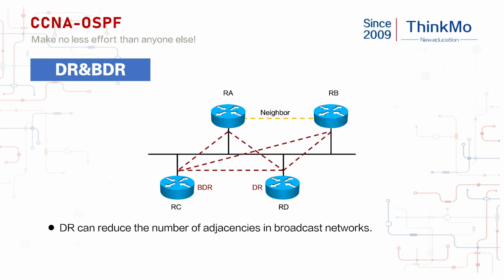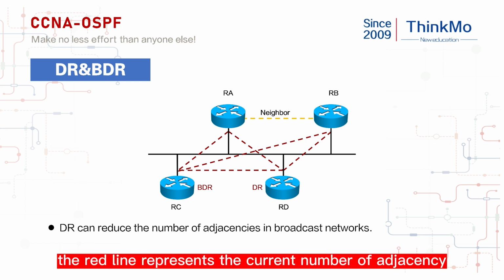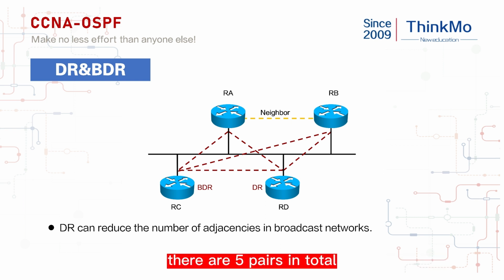Okay, let's go on. DR and BDR. In this environment, select this one as DR and this one as BDR. The red line represents the current adjacencies. There are 5 pairs in total, but only 1 pair of neighbors here.